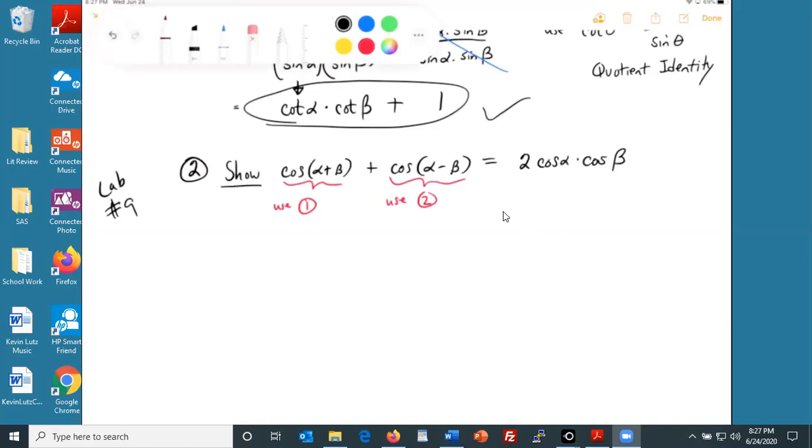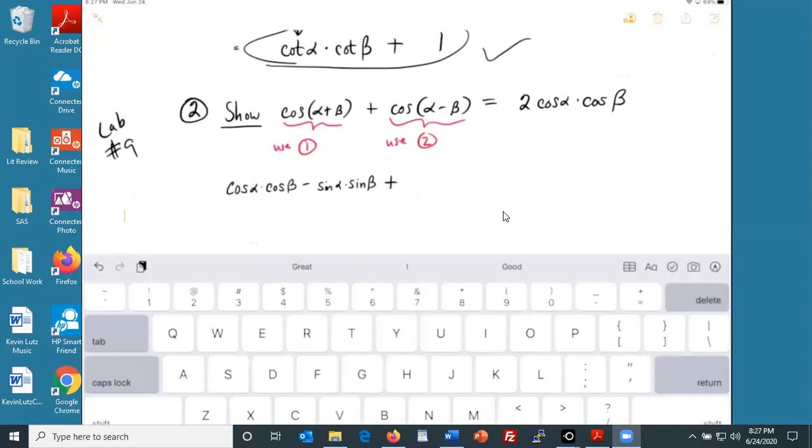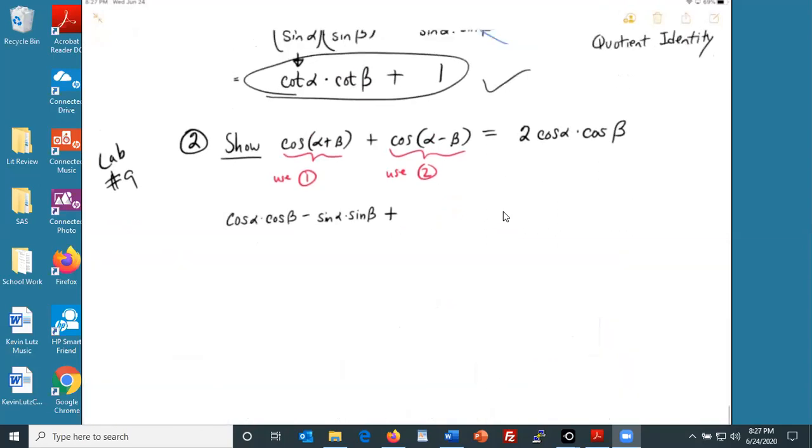So formula 1, cosine of alpha plus beta is cosine of alpha cosine of beta minus sine alpha times sine beta. And then plus, and that plus sign is this plus sign here.